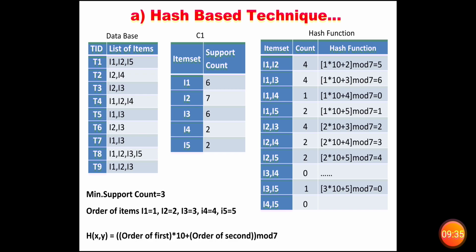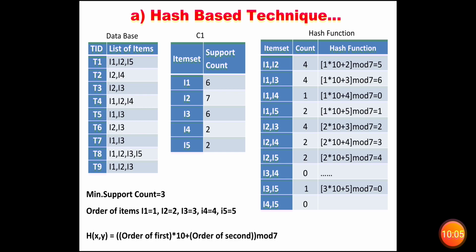Then into 10 as per the formula, plus 2, which is the order of the second item, given down as 2. Then mod 7 equals 5. So if you compute 1 into 10 plus 2, mod 7, the value will be 5.